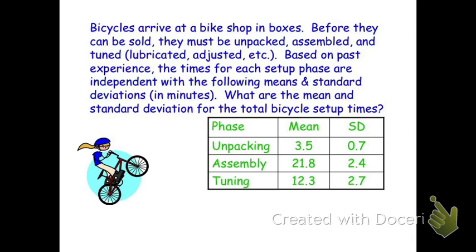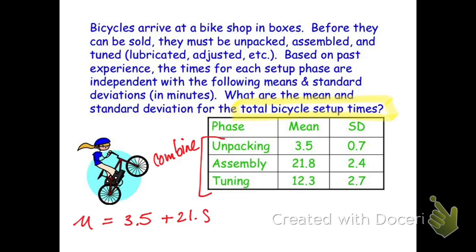It is asking for the total bicycle setup time because you have to unpack, assemble, and tune the bike. So I want to combine all 3 of these averages. For the total mean, I'm going to take 3.5 plus 21.8 plus 12.3.